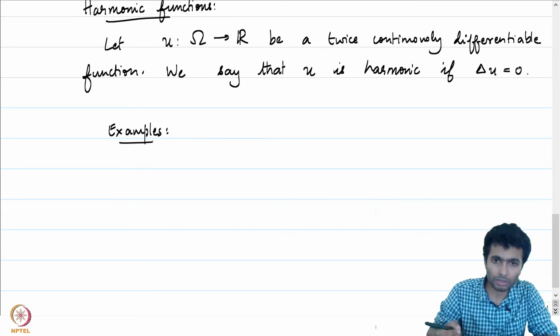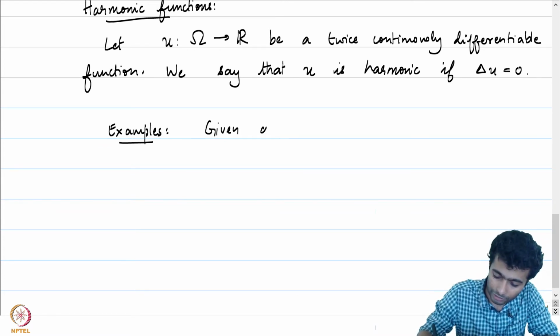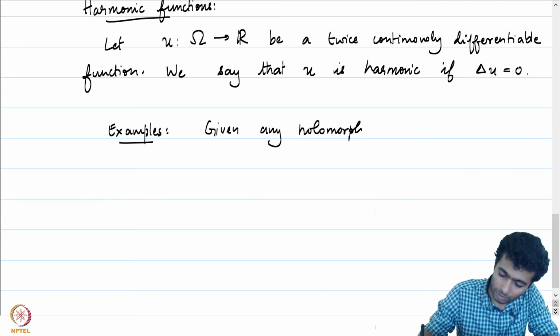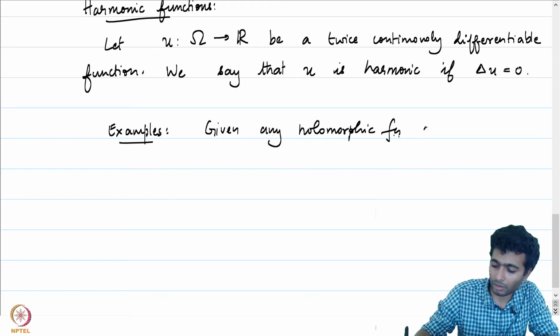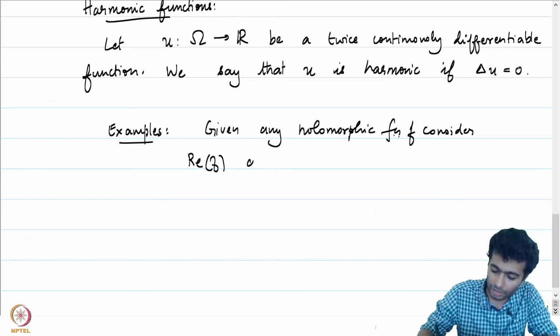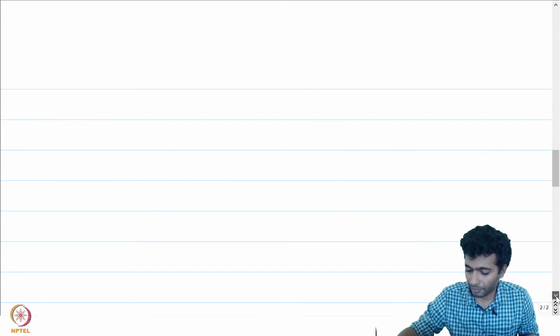Let me just say that given any holomorphic function, consider Re of f and Im of f. All these are examples of harmonic functions.